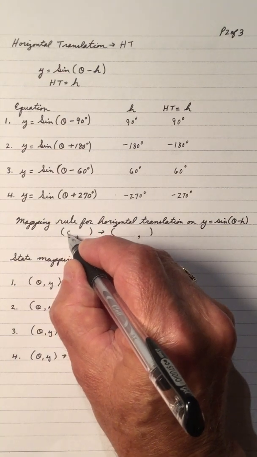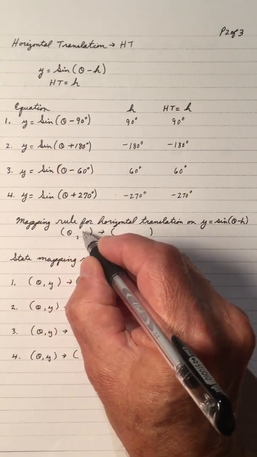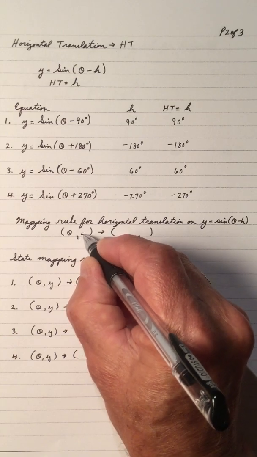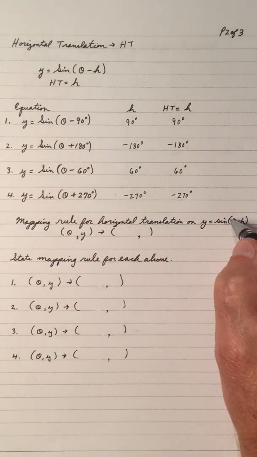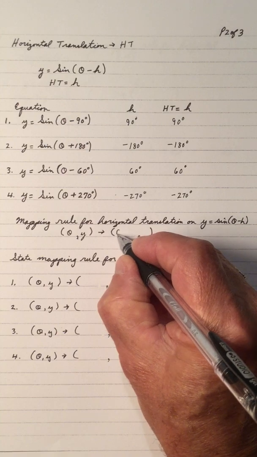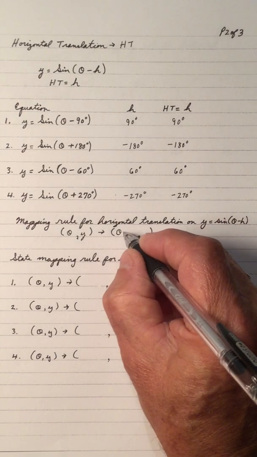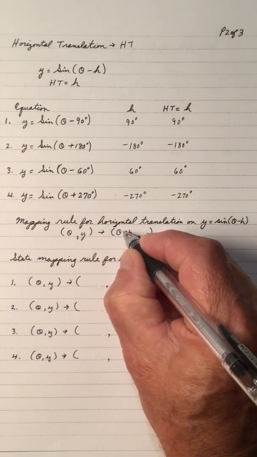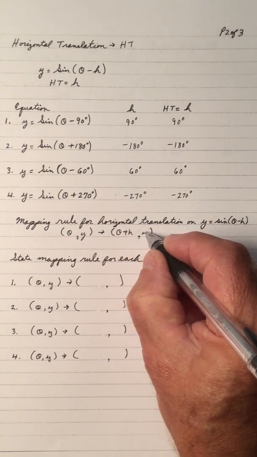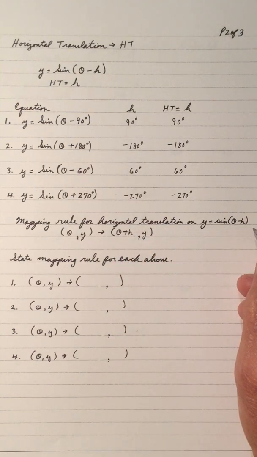And the mapping rule for the horizontal translation on y equals the sine of theta minus h: it's theta, in number of degrees or radians, and we have a y. The horizontal translation is affecting the x, so it's theta, and notice, minus h, so it's a plus h, and the y doesn't change.